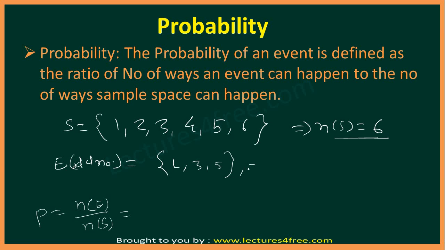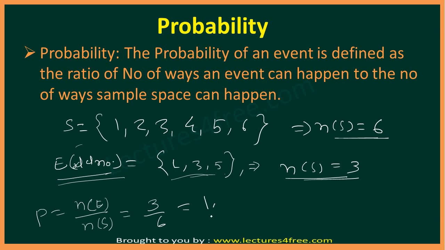The number of ways the event can happen is 3, and the sample space is 6. So the probability will be 3 by 6, or we can say 1 by 2. This is the basic definition of probability.